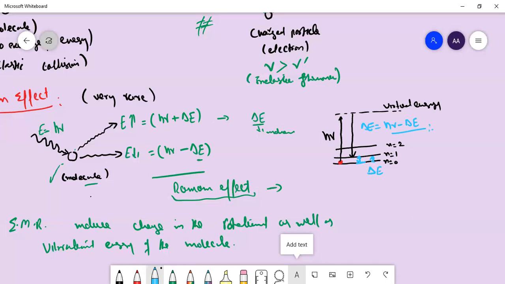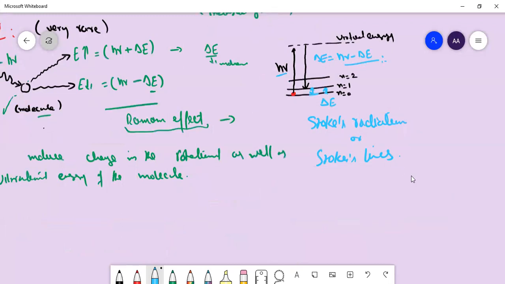So the energy of the scattering radiation is decreased, and this radiation, which has lower frequency or lower energy as compared to our incident radiation, is known as Stokes radiation. Stokes radiations are also known as Stokes lines.